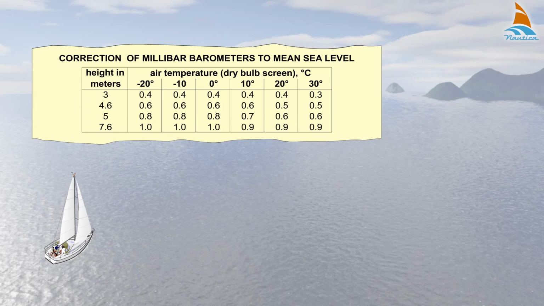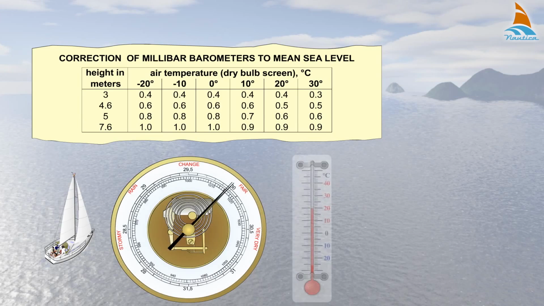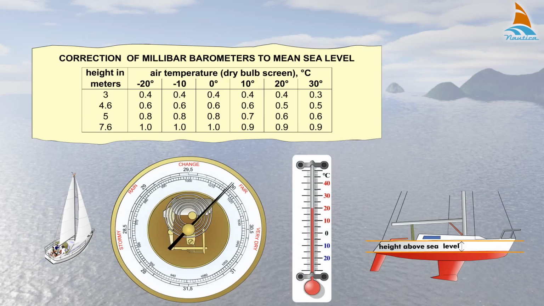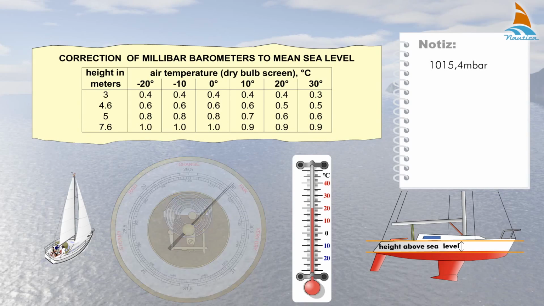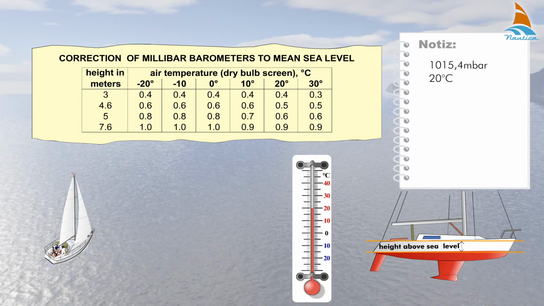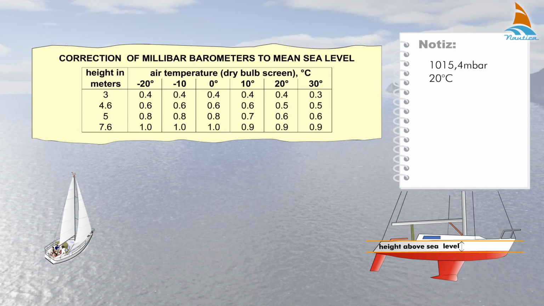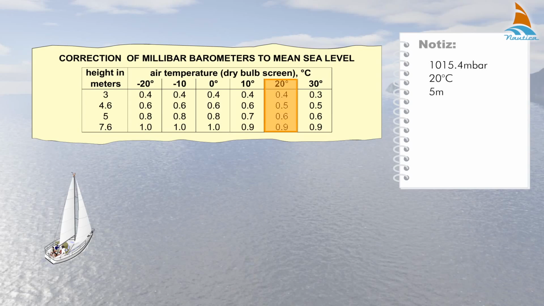Let's look at how to apply the correction. First, note your barometer reading, the air temperature, and your actual height above sea level. Let's assume that the barometer reading is 1015.4 millibars, the air temperature is 20 degrees Celsius, and your height above sea level is 5 meters. By applying the air temperature and height above sea level to the chart, you see that the correction is 0.6 millibars.